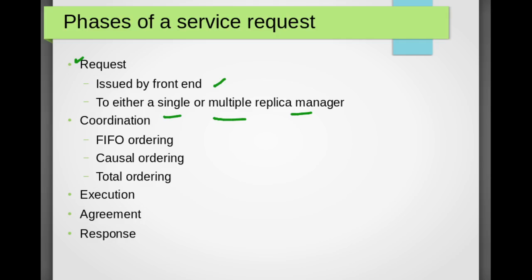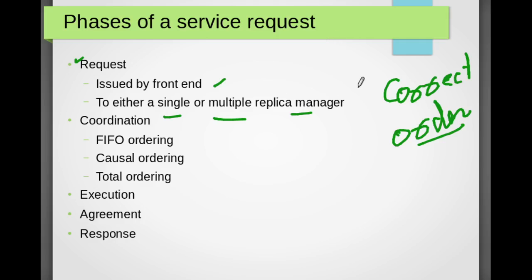The two things were correctness, having the correct copy of the data, as well as the order. Keeping those in mind, we were discussing fault tolerance, single or multiple, or rather, active or passive.